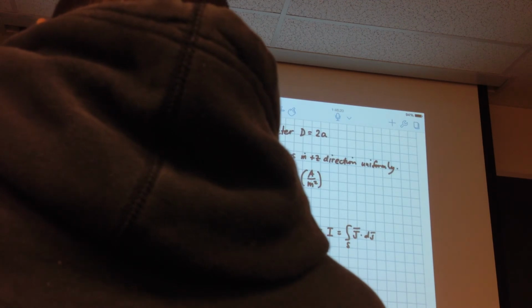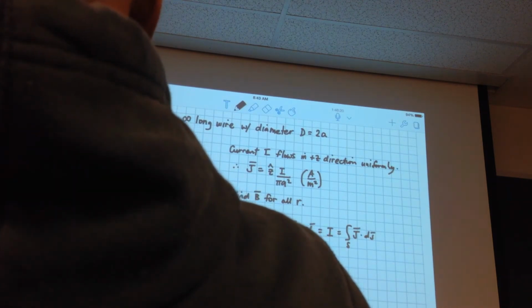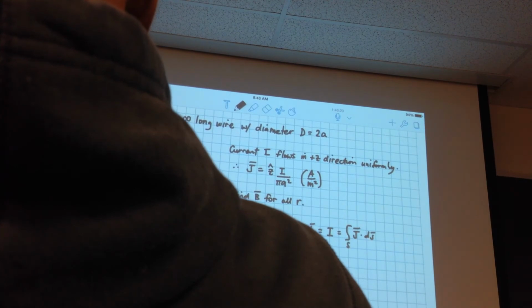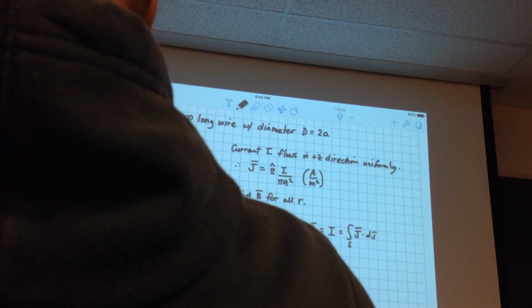In order for us to properly capture that current, it's done with the limits of integration. So somebody, first, limits of integration on phi, and then the limits of integration on r.